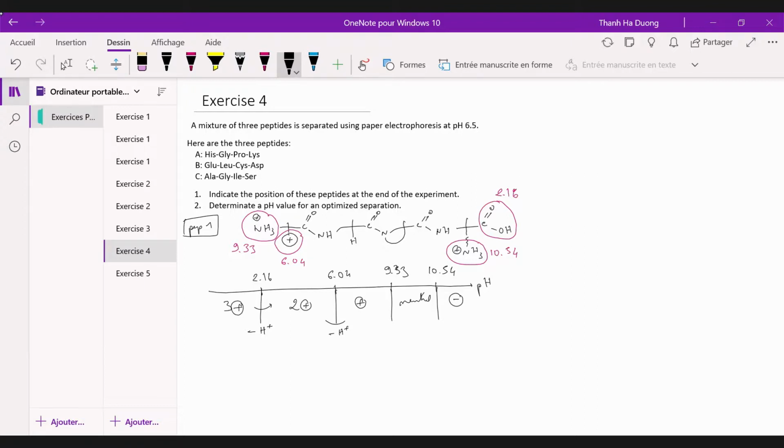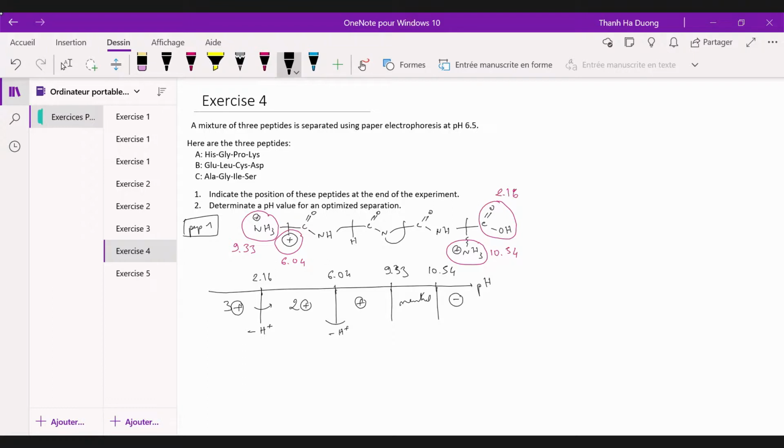Did you understand what I did? Because it's very important. So I see which group or function can be protonated or deprotonated. I can have the pKa value of each function from my table. I will always give you the value.